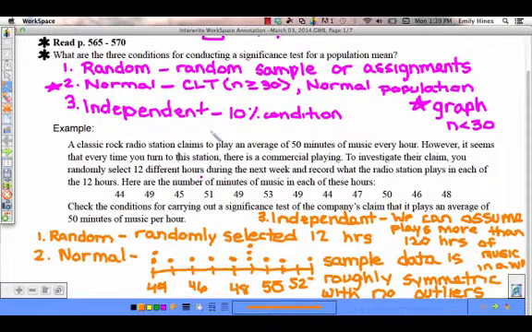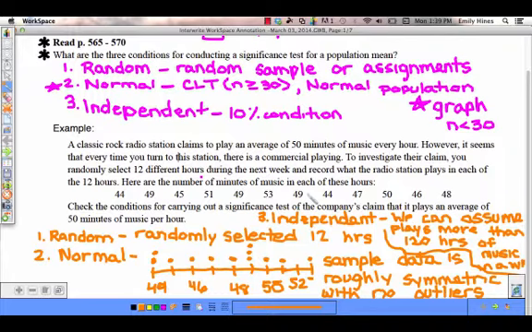So there are our 3 conditions, all checked. Notice I described how I checked each one of them and how each one of them is met. And they all work out beautifully. So we could do a significance test for this.